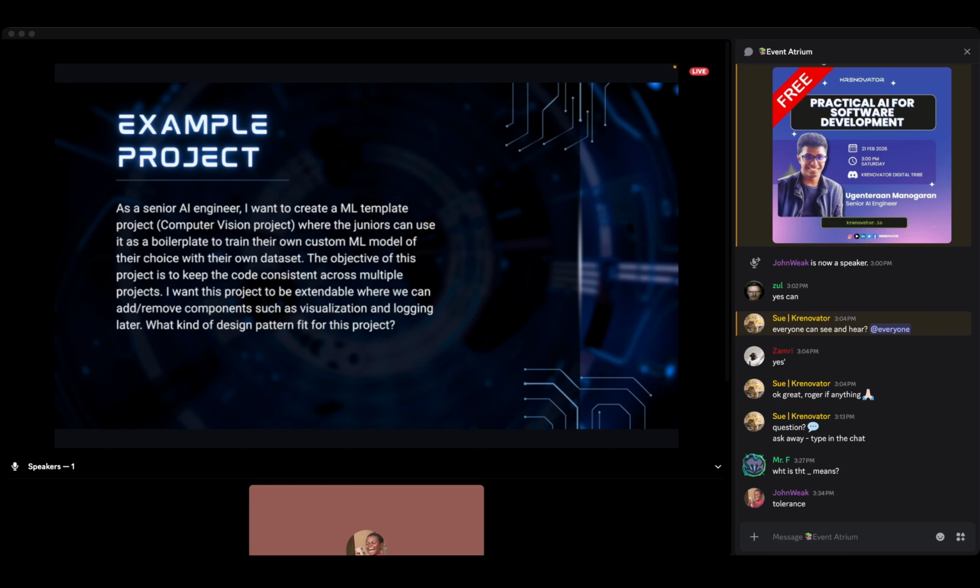So what I proposed to my bosses back then was, okay, let me create a template project. This ML template, since most of the projects that we have are of the same nature, the only things that change are the dataset, the model, and maybe some components that you use, we can keep the entire codebase similar for all the projects. This makes the code consistent across all the projects.